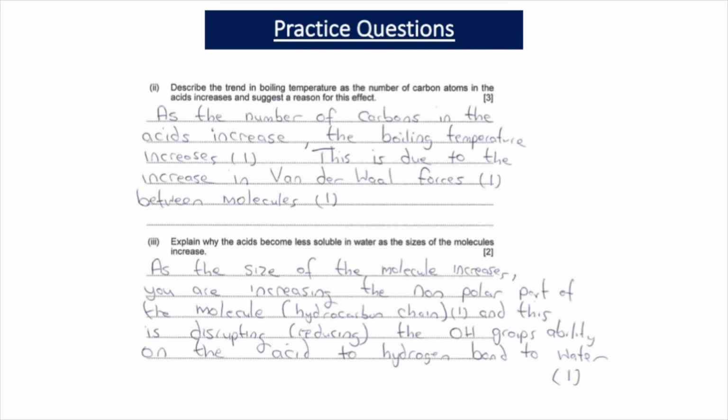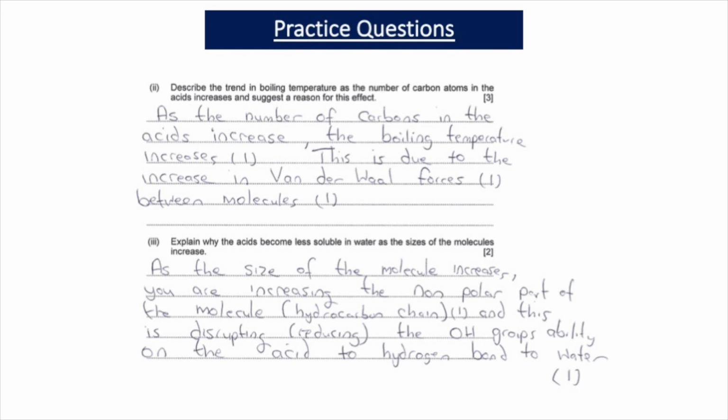So for part 3, you're asked to explain why the carboxylic acids become less soluble in water as the sizes of the molecules increase. Well, as the size of the molecule increases, you're increasing the non-polar part of the molecule, the hydrocarbon chain. And this is disrupting the OH group's ability on the acid to form hydrogen bonds to water.